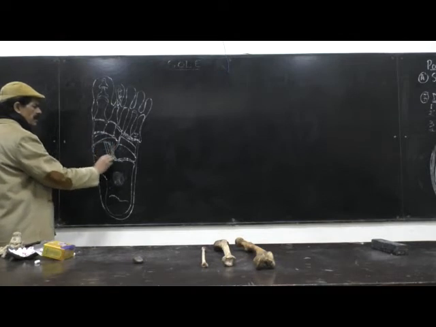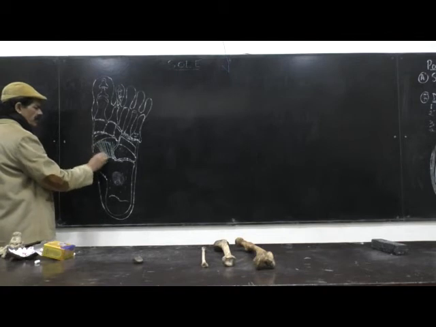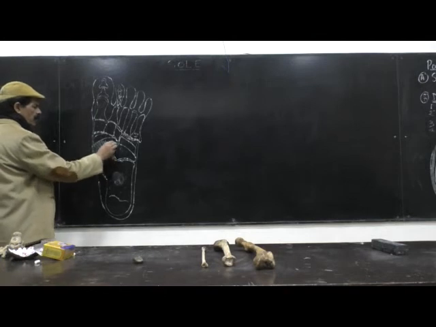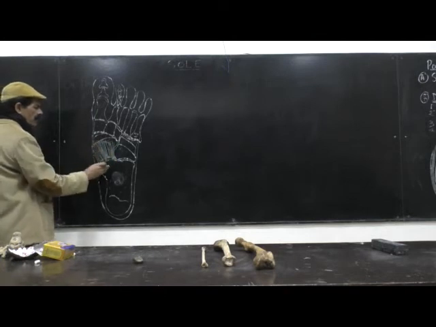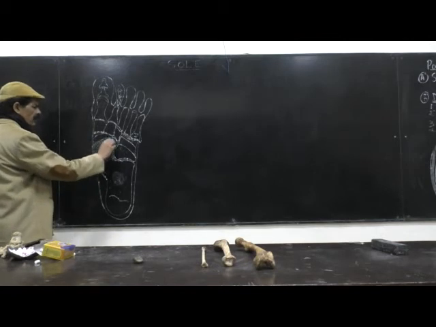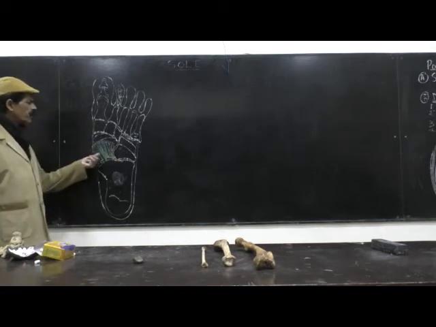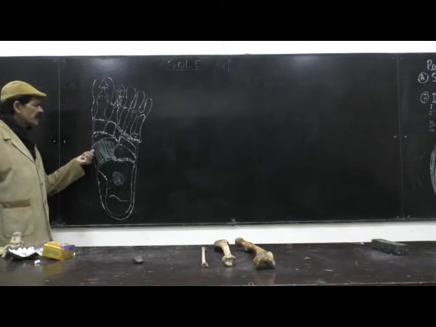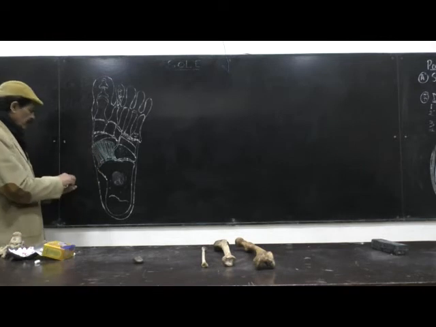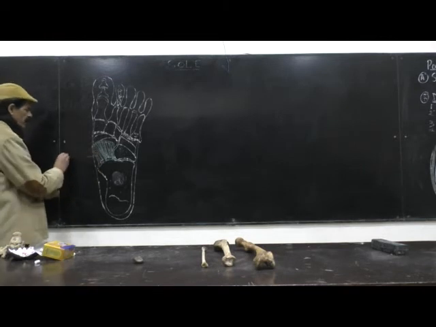This is called the spring ligament, or it is also called the calcaneonavicular ligament. The superior surface of this ligament supports the head of the talus and prevents it from touching the ground. So this is the spring ligament.